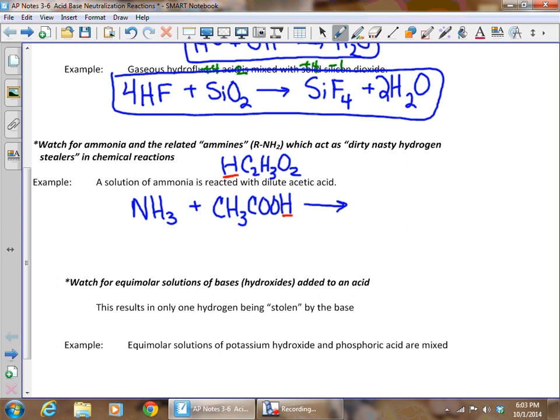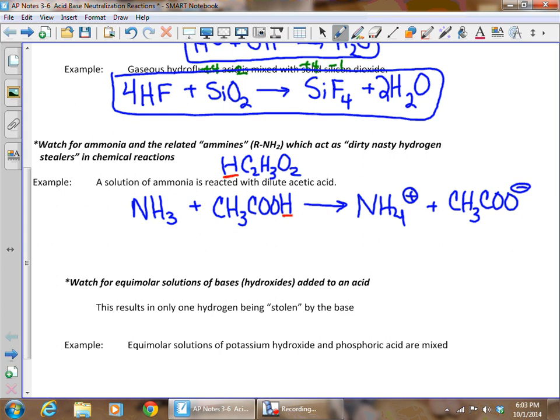So NH3 acts as a dirty, nasty hydrogen stealer, so it's going to form NH4 plus. And what's left behind is just the acetate ion, CH3COO minus. So that's our reaction. Nothing else can further ionize.